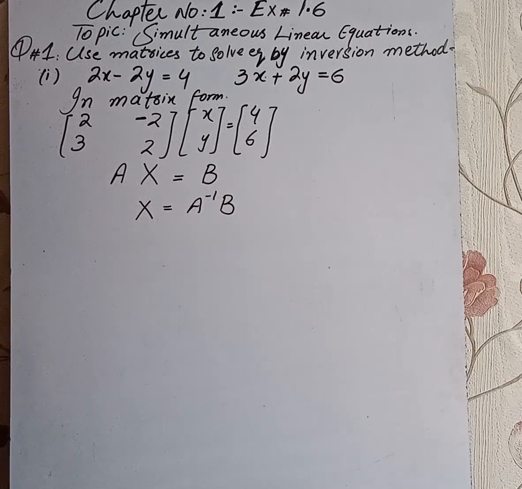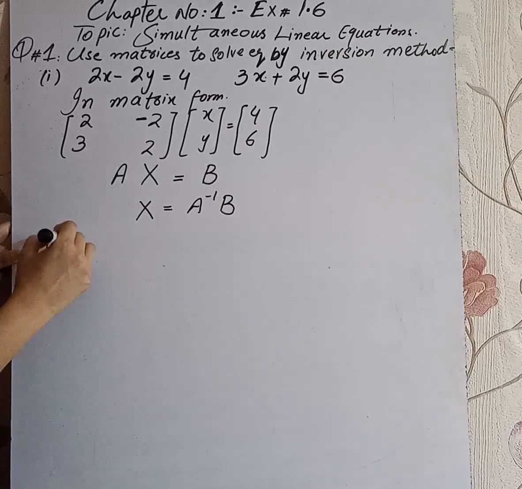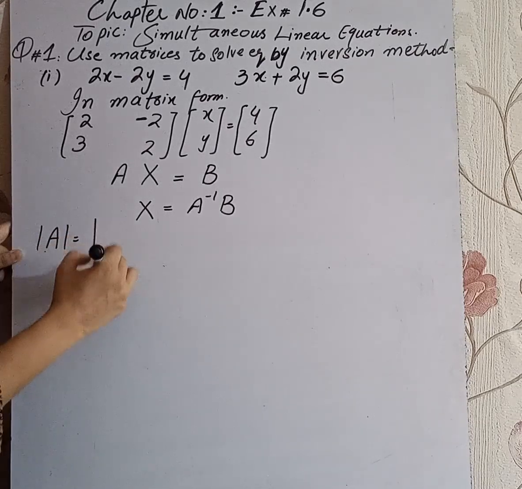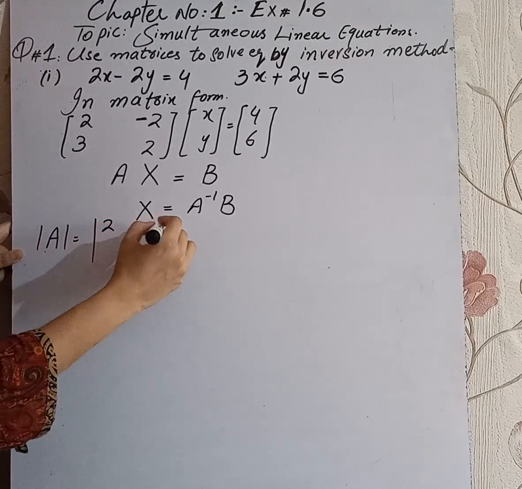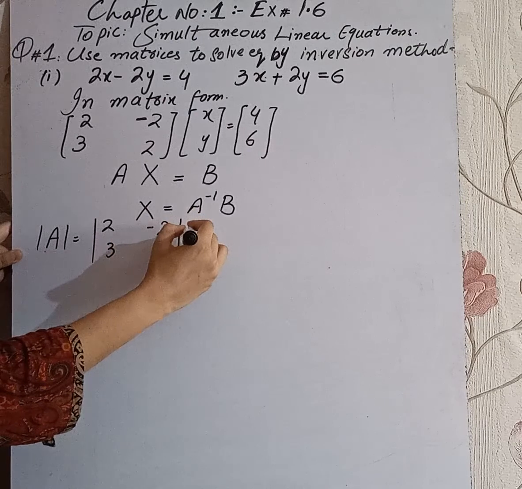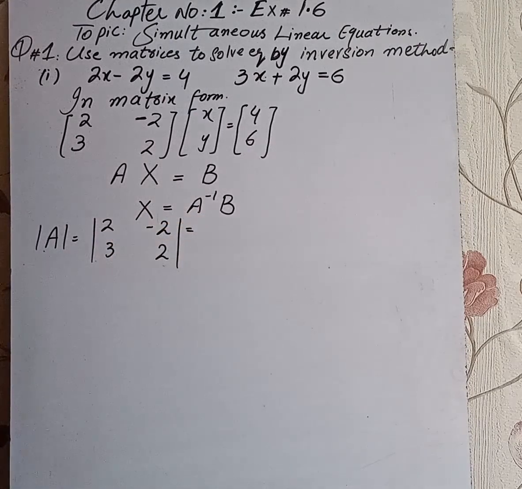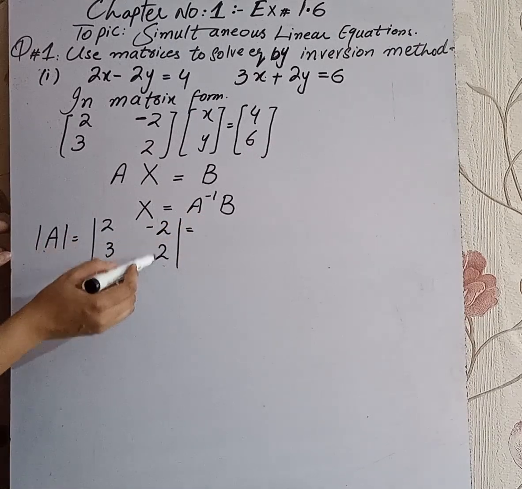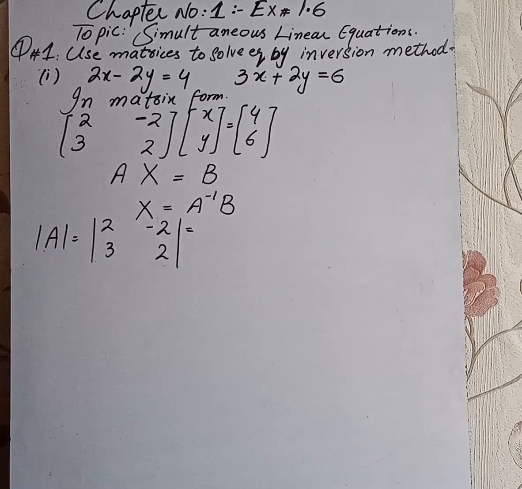But we cannot find the inverse of all the matrices in the universe. First we'll have to check whether matrix A is singular or non-singular. That we will check by taking its determinant. Determinant of A, determinant of 2, -2, 3 and 2. How can we find the determinant? By multiplying the diagonals and the off-diagonal entries with the sign of minus.